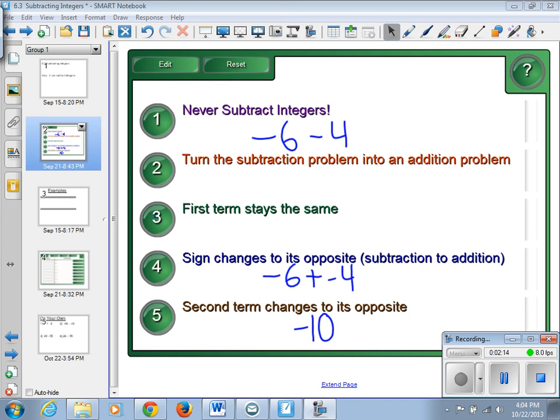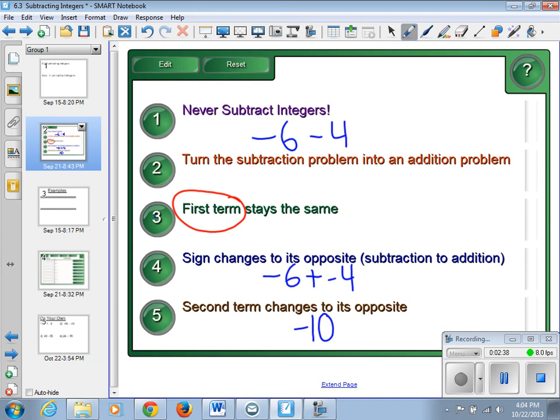Some of you may be thinking that this reminds you a little bit of dividing fractions. And it really is a similar process. Our first term stays the same, just like when we divide fractions. In terms of the sign, we change our sign to its opposite. In this case, subtraction to addition.